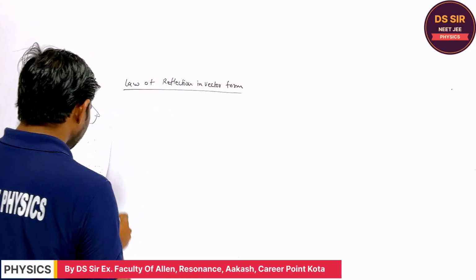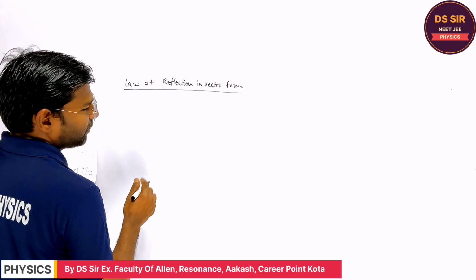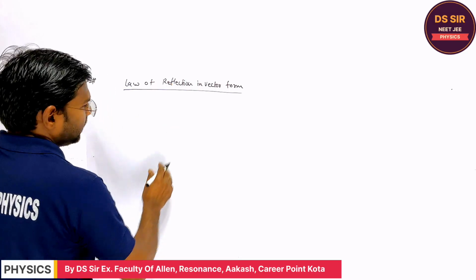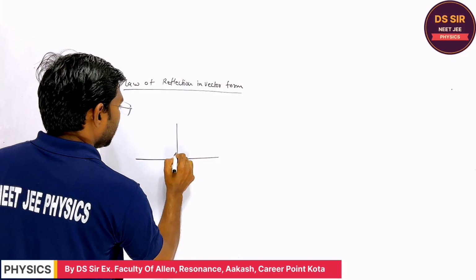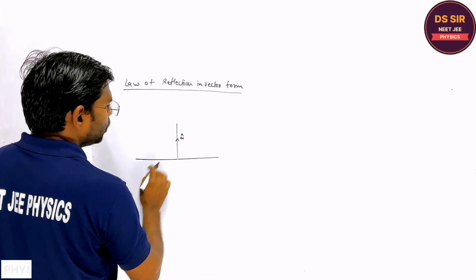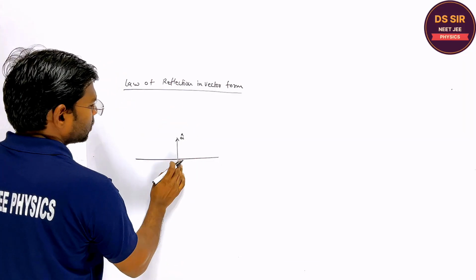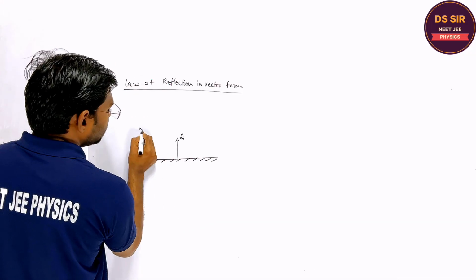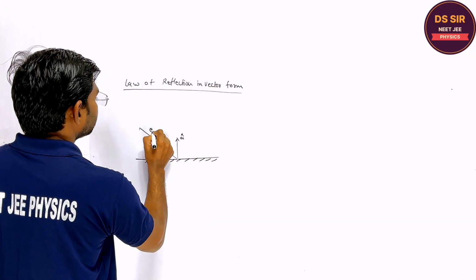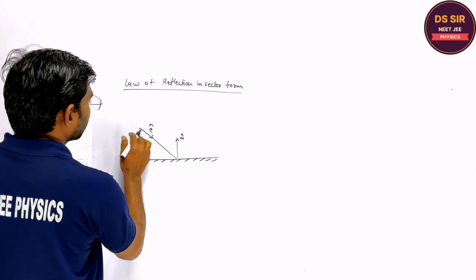But we have to write the reflected ray vector, right, like this. Suppose this is the incident plane and this is the normal unit vector, in the direction of the normal of the reflecting surface. This is the incident vector, the E1 vector.